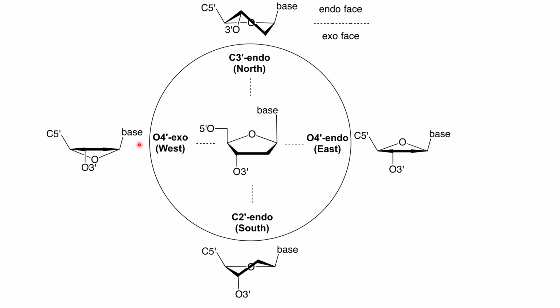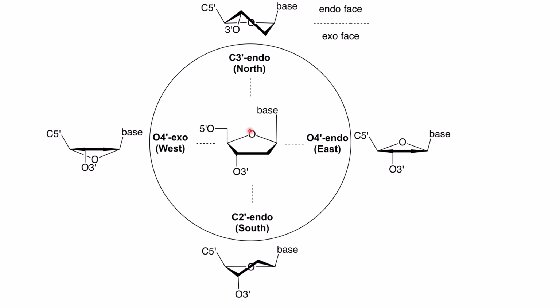Now coming to what is called O4' exo and O4' endo. In the sugar you have only the O over here, that is the oxygen atom. So O' exo or endo will be based on the position of the oxygen atom in the sugar molecule.